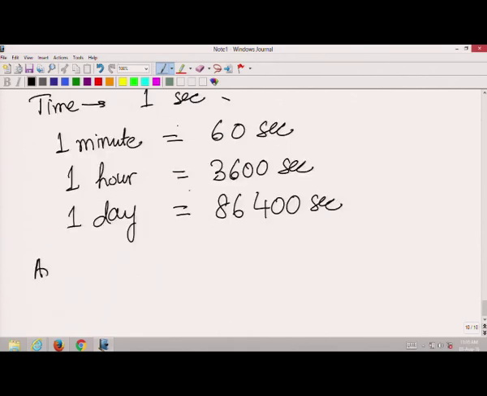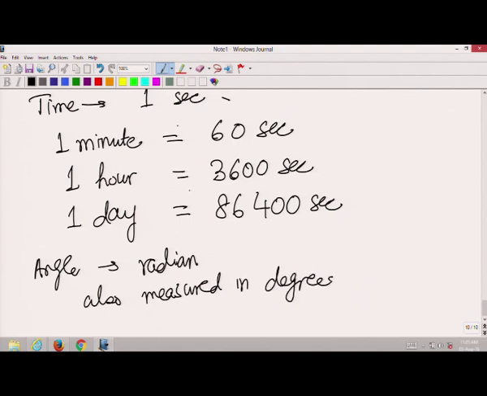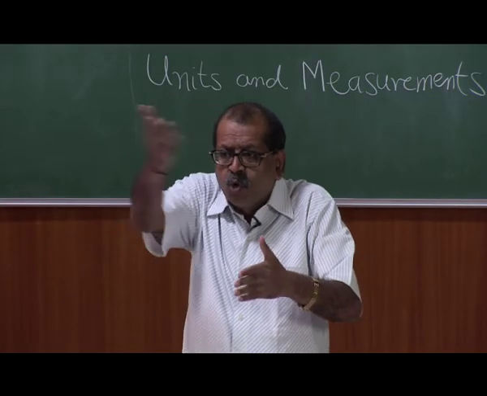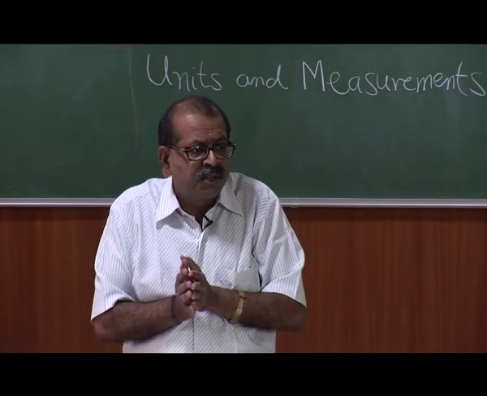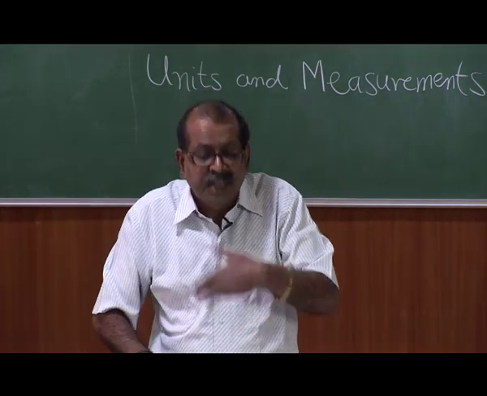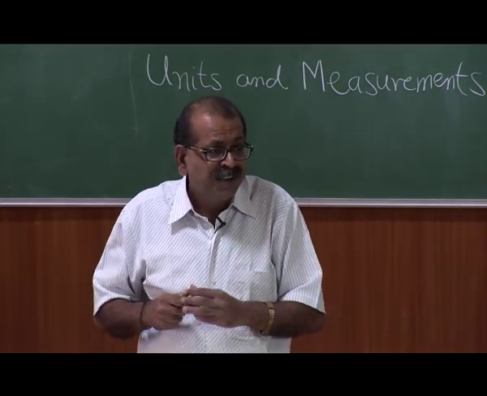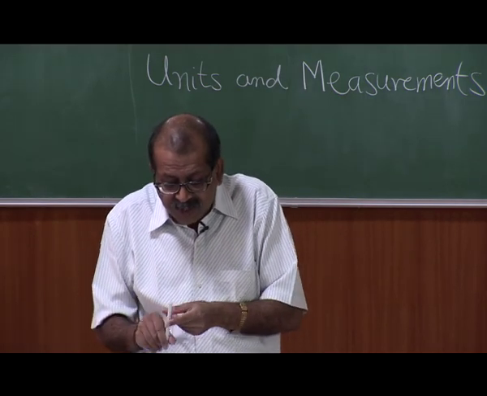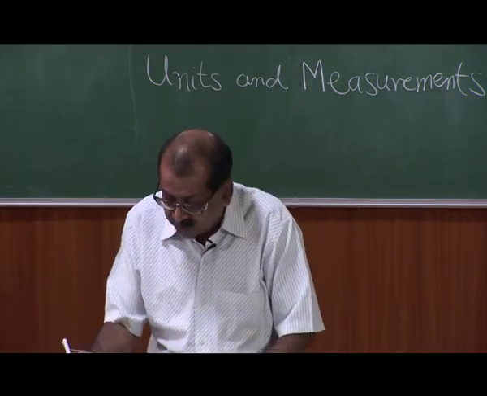So, for angle we have different units. Radian is what we call the SI unit, but angles are also measured in degrees. As we said, when we go around a circle, this angle is 360 degrees, but sometimes the angles may be very small, then even the degrees are further broken into smaller units, and the way degrees are broken goes exactly like what we do for time.